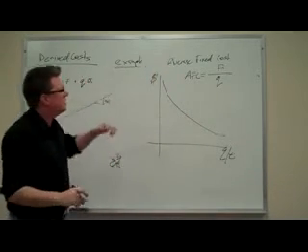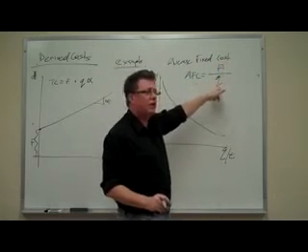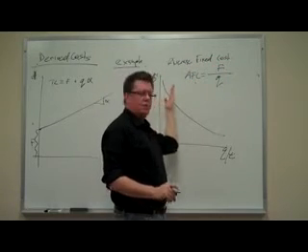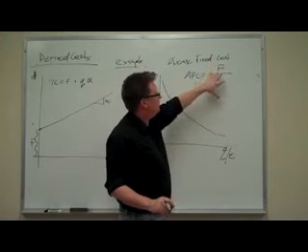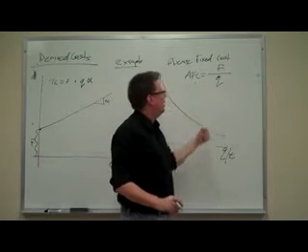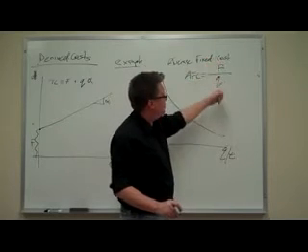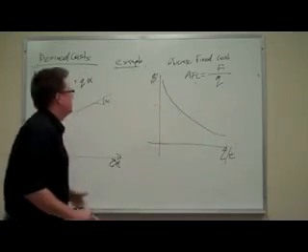The quick description is suppose you have a fixed cost of, say, $10, and you're producing 1 unit, you know that your average fixed cost is going to be high. It's going to be $10. But if you have fixed cost of $10 and you're producing 10 units, your average fixed cost is going to be lower. It's going to be $1. If your fixed cost is $10 and you're producing 100 units, it's going to be 1/10 of a cent. So it's a hyperbola, and you're used to saying it this way.